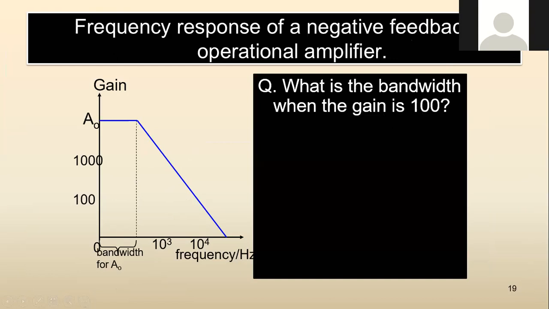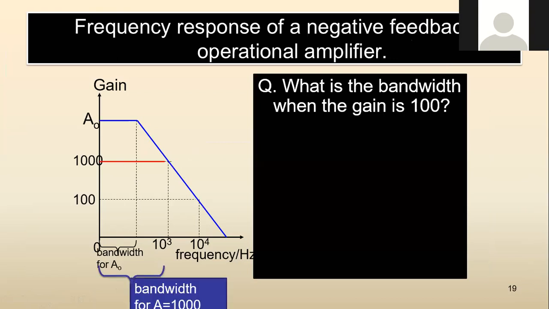What happens if we have a gain of 100? Same thing. If we have a gain of 100, then we just draw a line there. That line, we have much better: 0 to 10 to the power 4. That means it will be quite close to all our audio frequency.